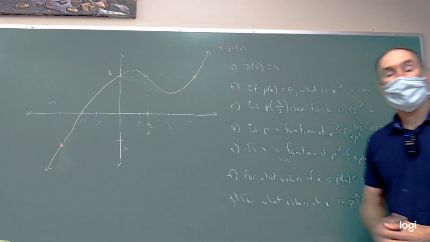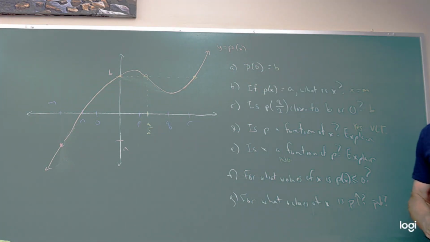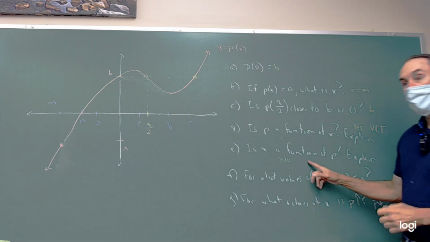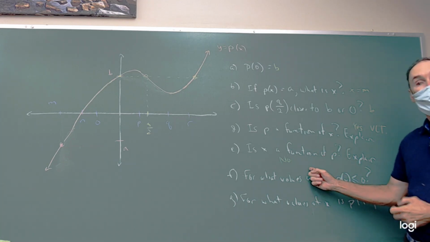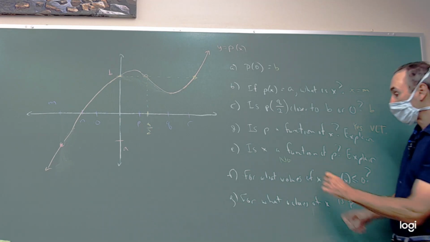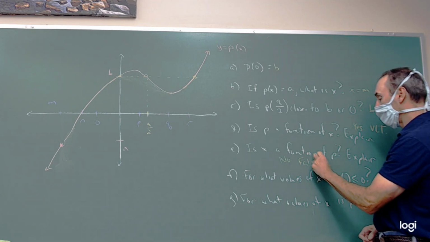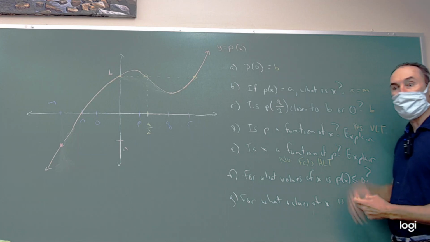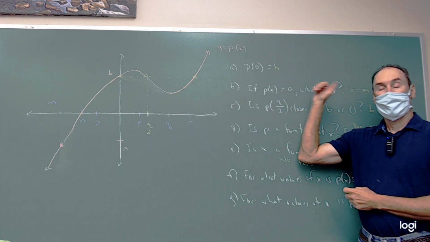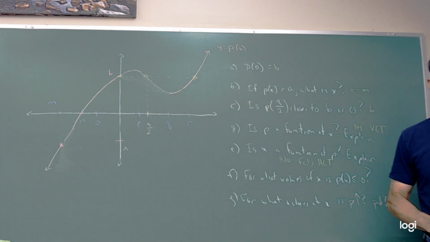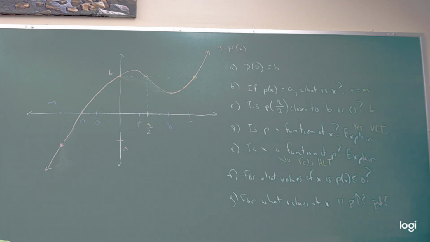Or did anybody else say it differently? You could say, since we have switched it around, this fails the horizontal line test, because there's a horizontal line that intersects the graph in more than one point. That okay? Anybody have anything different?